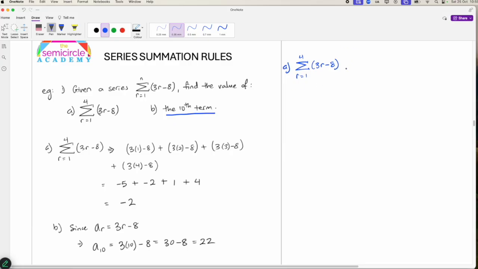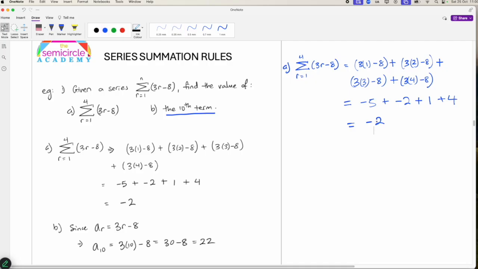Now I'm literally going to have to do the groundwork here, because it'll be 3, the first term, plus the second term, plus the third term, plus the fourth term, equal, I'll get minus 2.